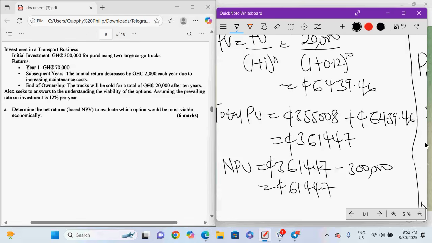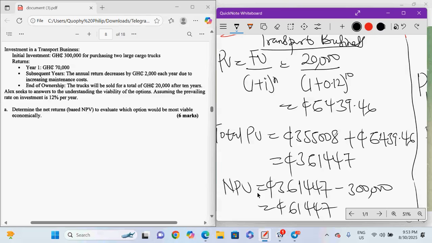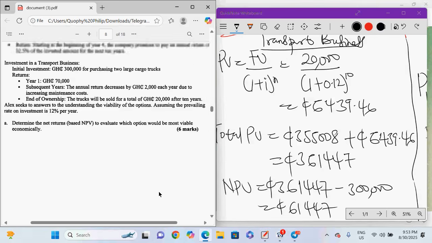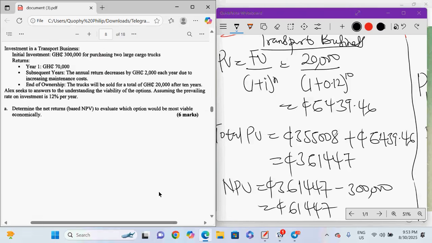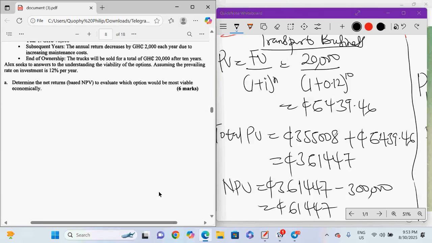For the Galamsey, there is no resale value, right? So we are basing on this: estimate the net value for each investment option, accounting for the decreased returns each year, while including the resale value of the drugs in year 10.